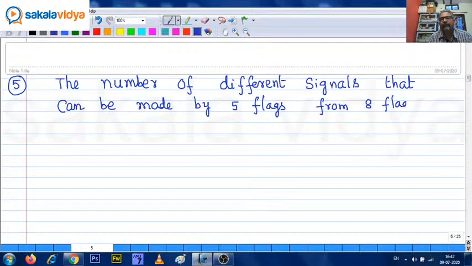Total there are 8 flags of different colors, not the same color, of different colors.